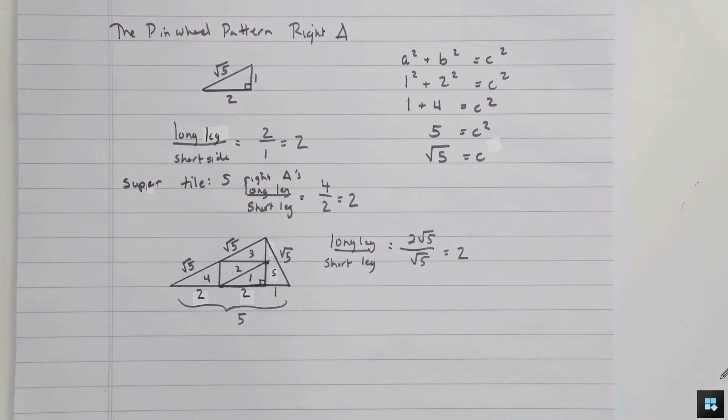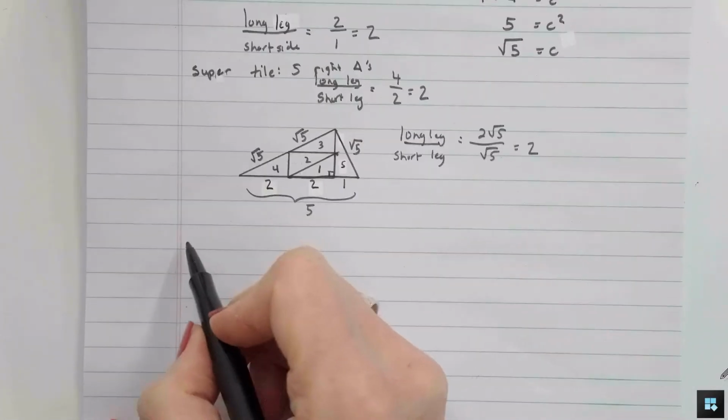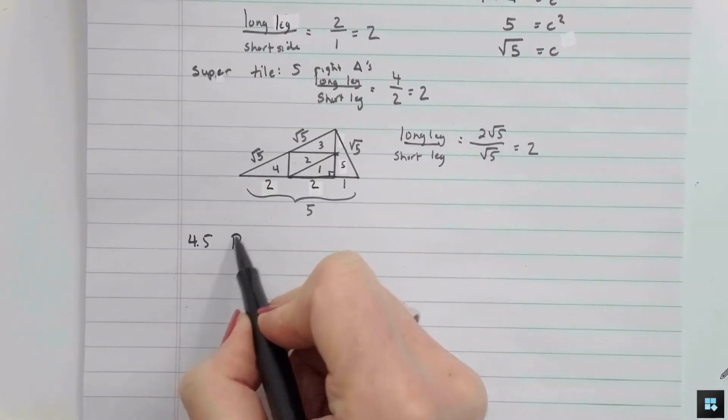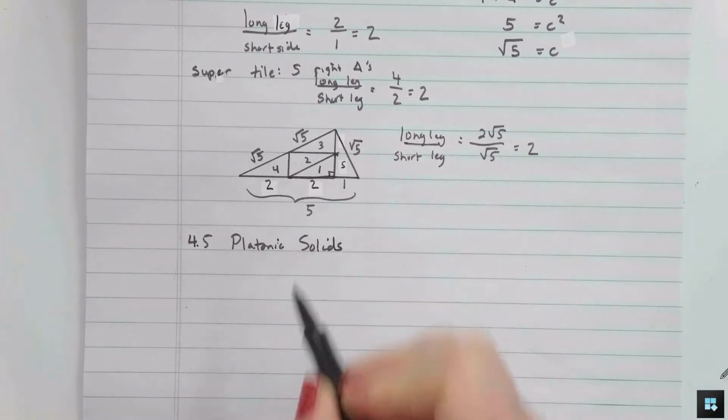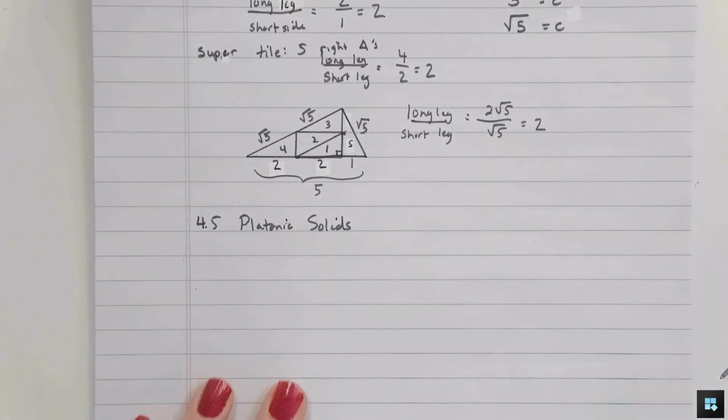We're going to move on to 4.5. So we continue looking at symmetry in 4.5, but we move into 3 dimensions.